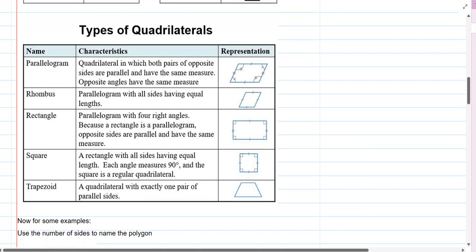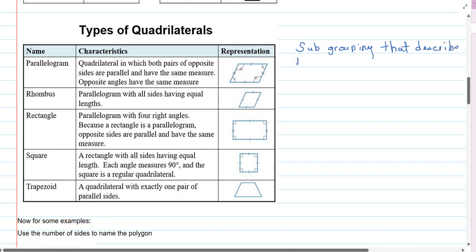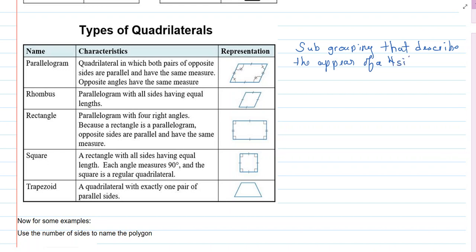Now, as to the quadrilaterals, we have subgroupings. And these describe the appearance of a four-sided polygon.